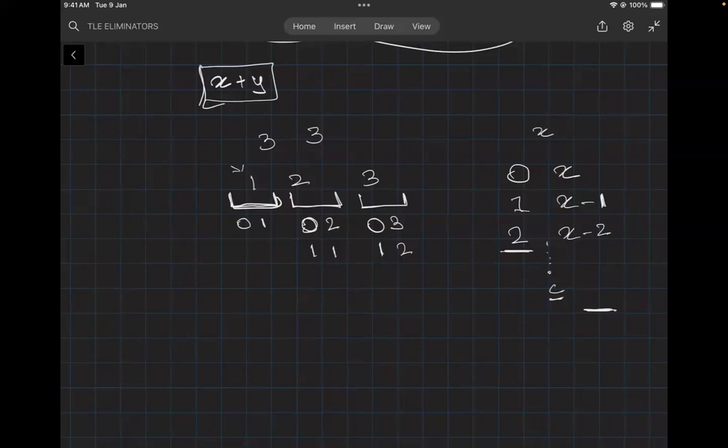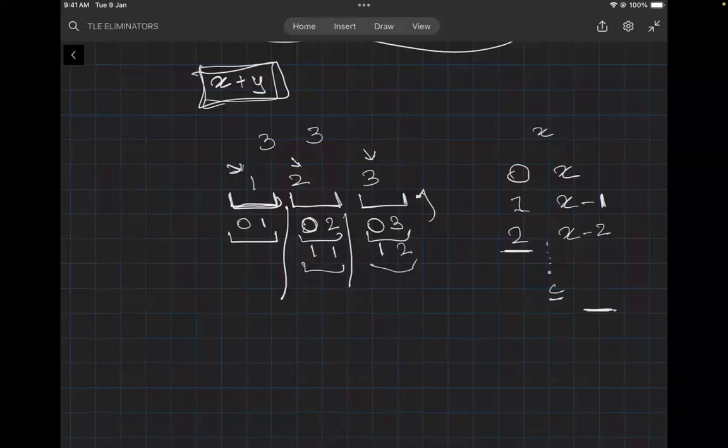If I wanted to count the number of pairs x plus y, for every element, since there are only unique elements, for every element I will count how many pairs are there such that x plus y results in that sum. And this is going to be disjoint, okay? Can someone tell me why the pairs whose sum is equal to 1 are going to be disjoint from the pairs such that the sum is equal to 2? Tell me.